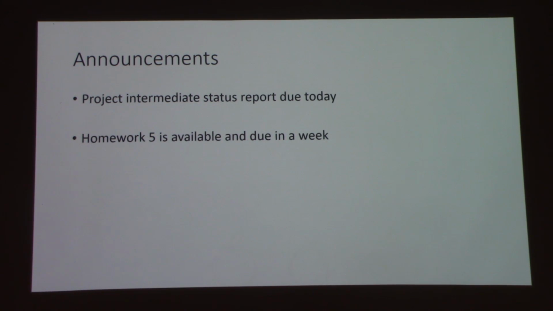This final report will be an intermediate report grown to 6 pages. Part of the reason why I'm forcing you to do this now is that it's an exercise to force you to get started with your final report, which is due in about a month. So it's just to get started.